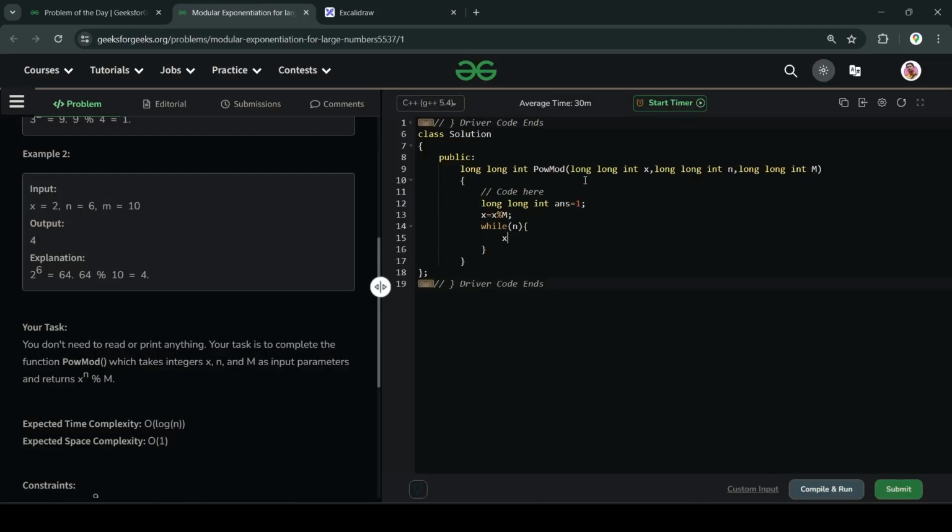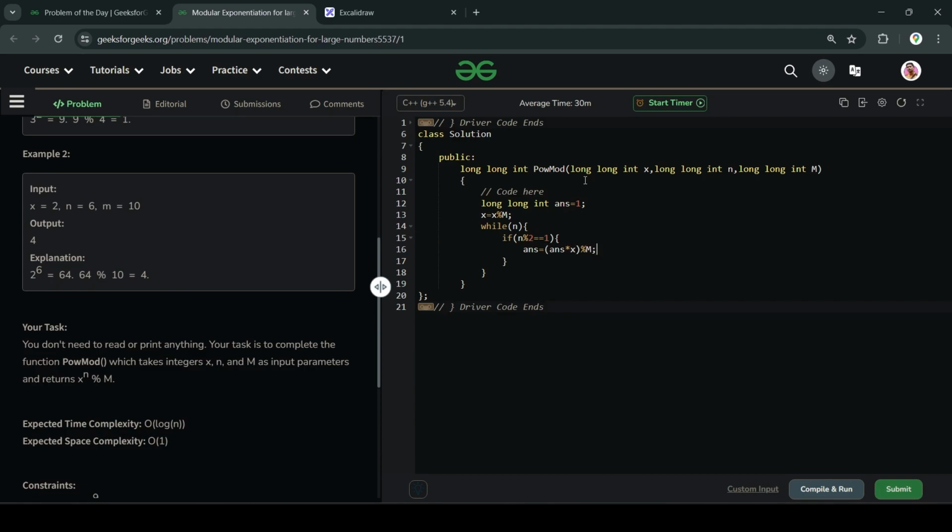So if n mod 2 is equal to 1, that is if n is odd, we have to add a single instance of the number. So it will be answer is equal to answer into x, and we have to mod it again.